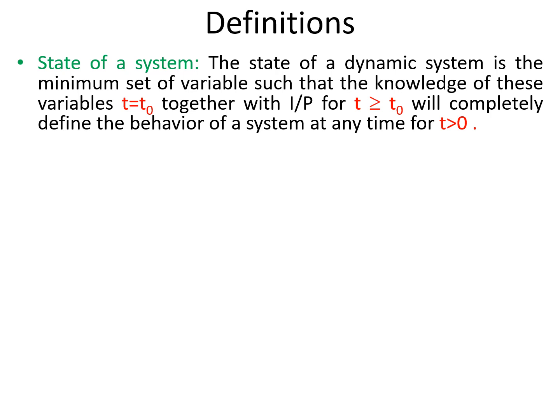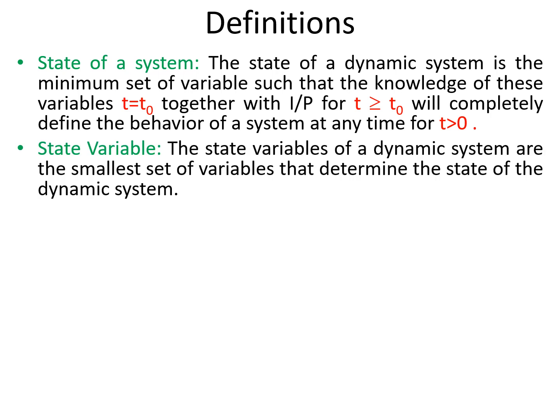That means if I know the variables at a particular time instant t0 and the input is given, the complete behavior of the system can be judged at any instant of time t greater than t0. So that is what we mean by state of the system. This is one important definition we need to know. State gives us the behavior of the system at any instant of time for any input.